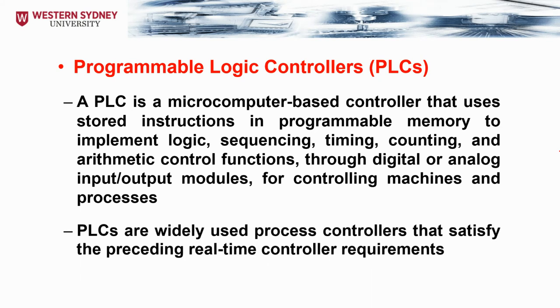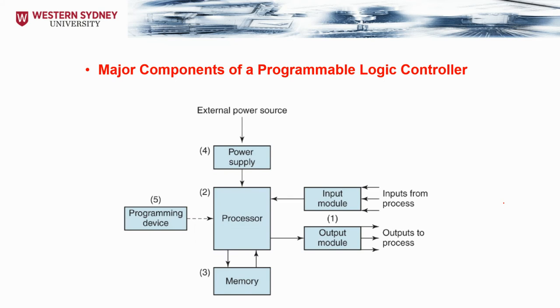The PLCs are widely used process controllers that satisfy the real-time controller requirements. The major components of the programmable logic controller are, first and the most important one, the processor. Now, for the processor to work, it is going to need a power supply, so this will give it the energy.